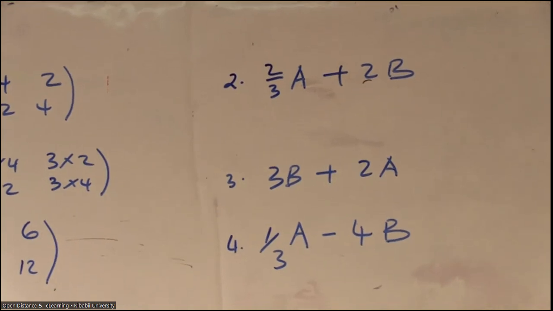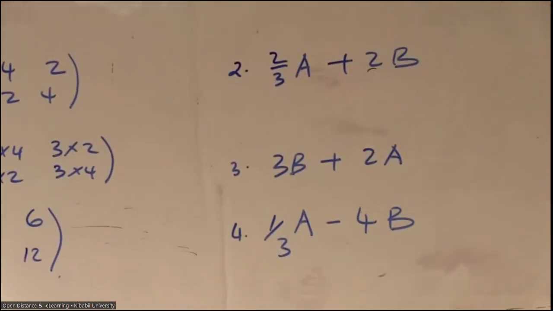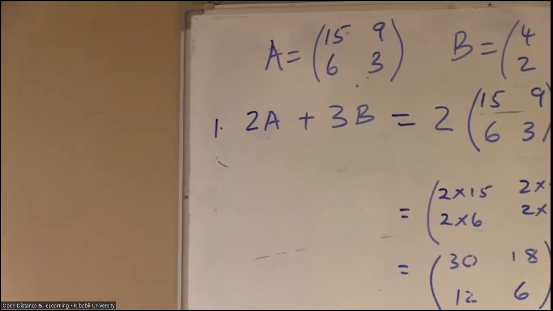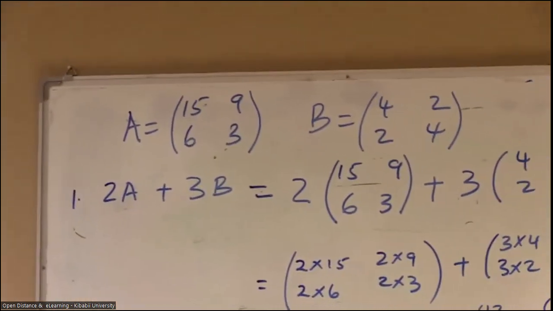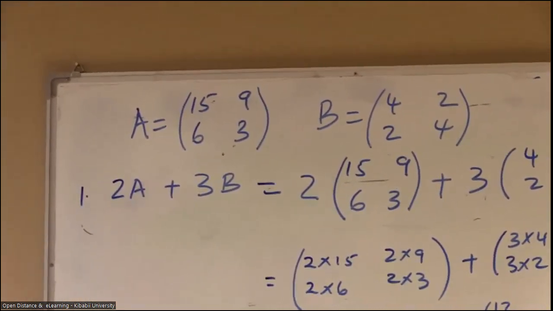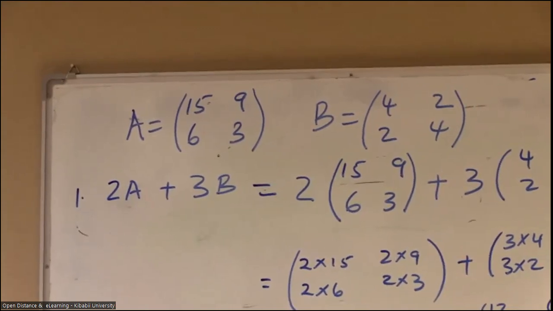So let us work out. Matrix A is 5, 9, 6, 3.